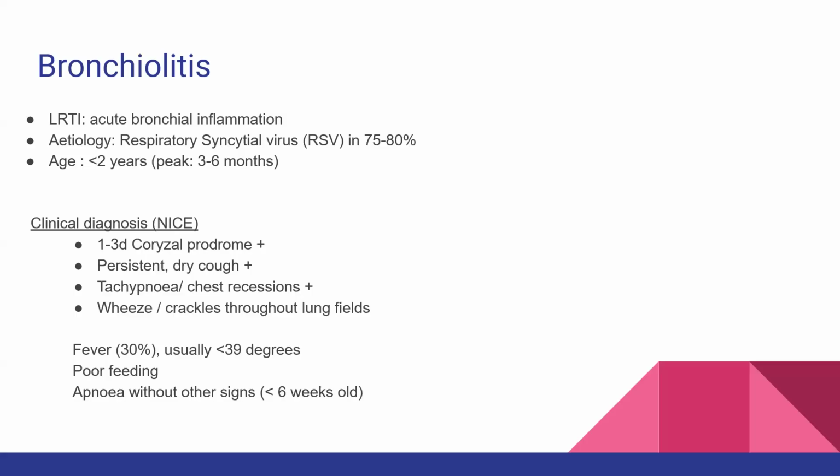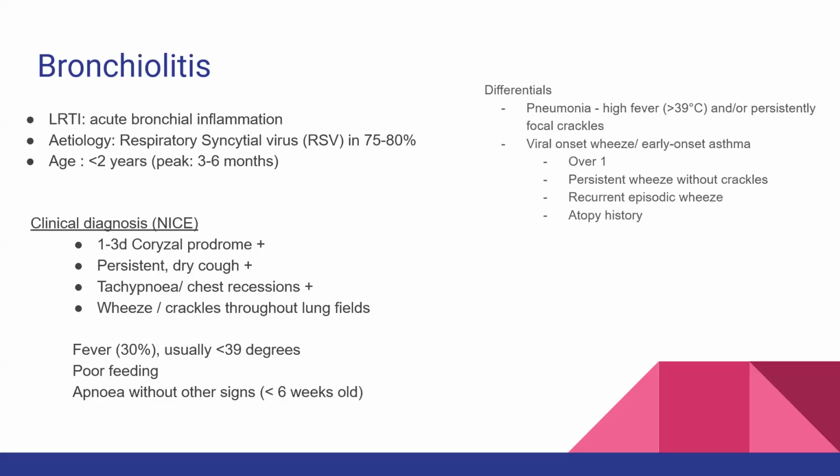The importance of the crackles being throughout the lungs is that if you only hear crackles in one area, you want to be thinking more about pneumonia, which is one of the differentials. So if you're hearing crackles in one area and it's not changing when they cough, you want to be thinking more down the pneumonia route.